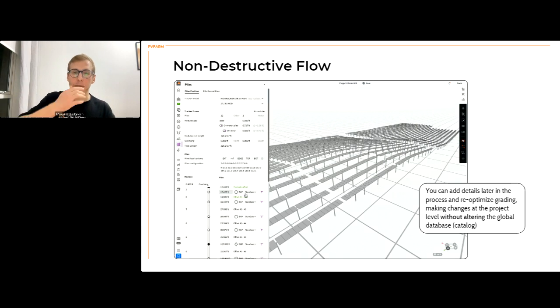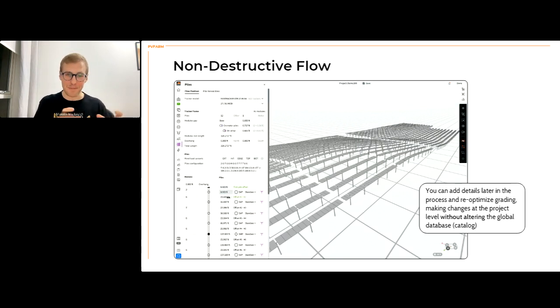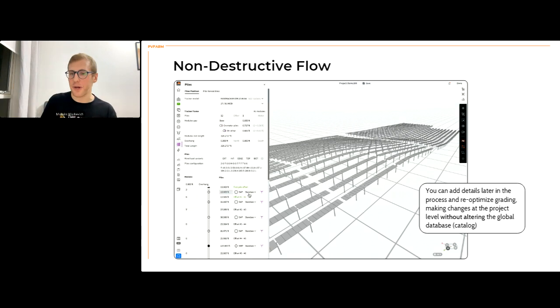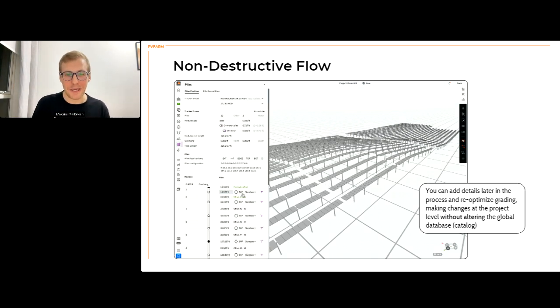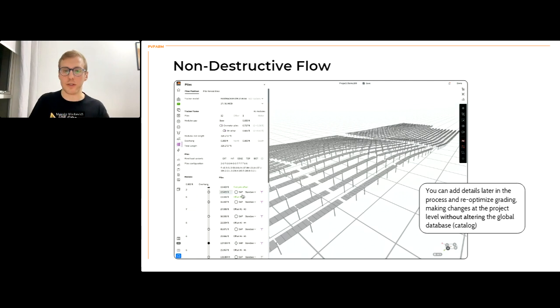Okay. Yeah, non-destructive flow. Fancy words here, but the thing is that I remember when we started building PV Farm, we were thinking about having a central catalog with all possible equipment configurations, and then we were imagining that people would just reuse them, right? But as reality showed us, sometimes there are changes which need to be done later in the process, and those changes shouldn't necessarily affect the actual global configuration of the tracker.